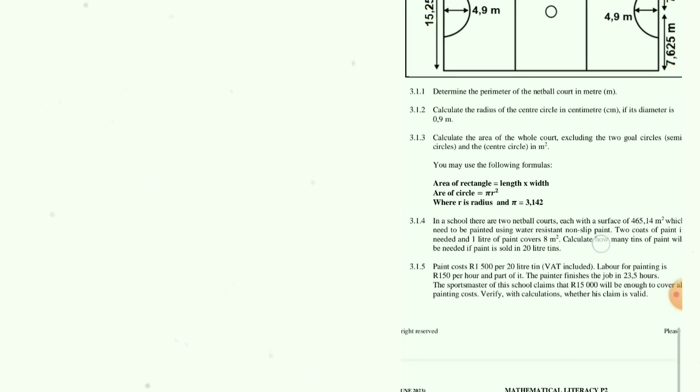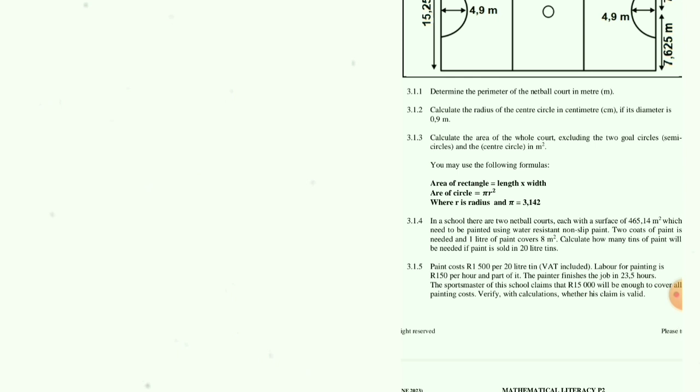Then now we are going to the hardest one, which is 3.1.3. Calculate the area of the whole court excluding the 2 goal circles, semicircles, and the center circle in m². You may use the following formula. Area of the rectangle, length multiplied by width. 30,501 multiplied by 15,25.